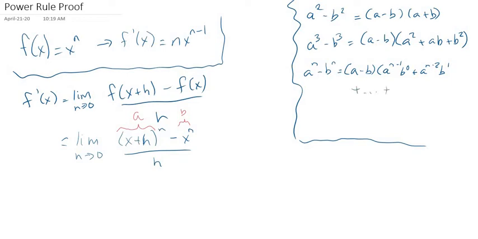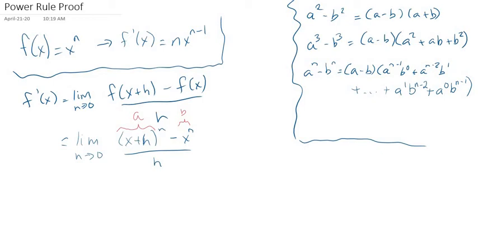And our very last couple of terms are going to be a to the 1 times b to the n minus 2, then a to the 0, or 1, times b to the n minus 1. So in fact, when we look at a to the n minus b to the n in general terms, that's actually what it looks like there.